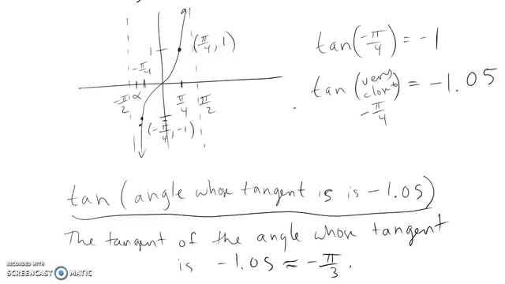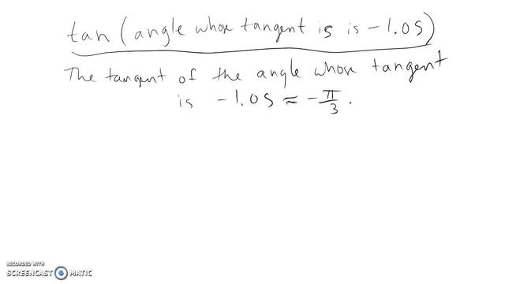Say this very slowly, and you might want to rewind it. We're looking for the tangent of the angle whose tangent is negative pi over 3. Well, that has to be negative pi over 3.